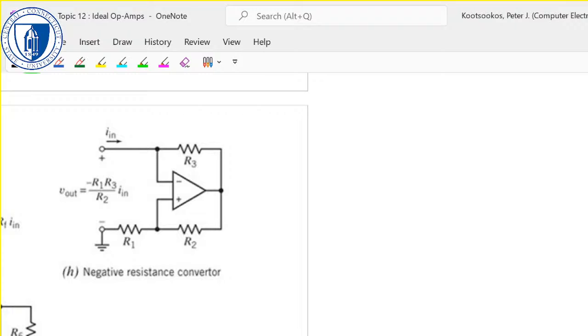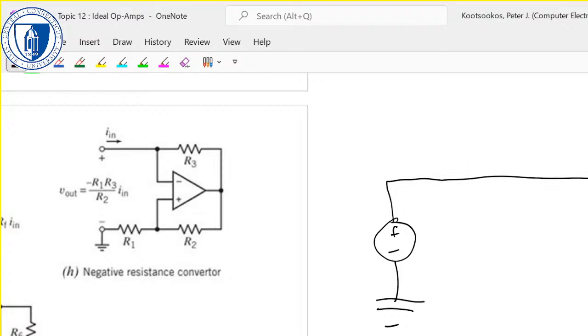If you just have something that you're measuring here, and you've got the meter over here, if you get noise on the line, then that noise shows up here.